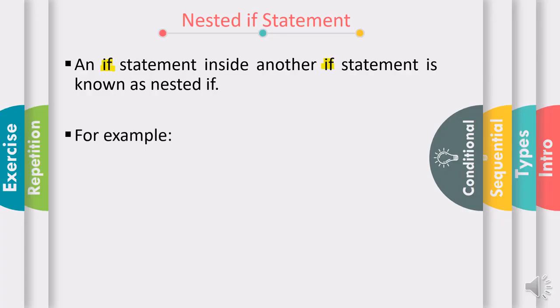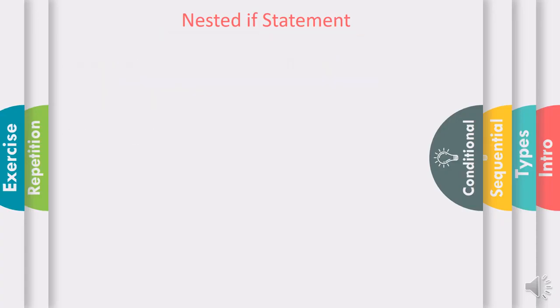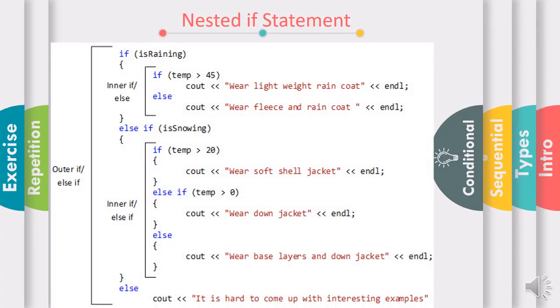For example, here you can see that we are using the if statement. For this if statement we are using another if statement. If it is raining, then check the temperature.